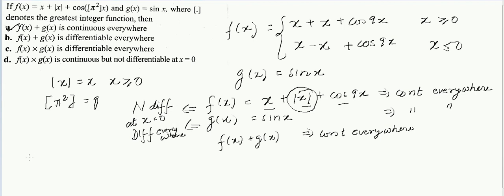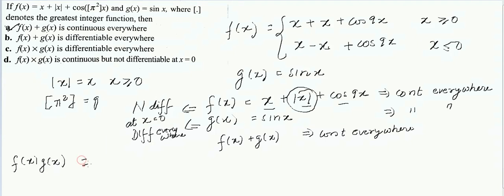Now when it comes to the product of f of x into g of x, nothing can be directly commented upon its differentiability. As we have learned in the property of differentiable functions, when a product of a differentiable and a non-differentiable function is found out, we cannot really comment on its differentiability directly. So in this case, now we need to perform the multiplication process first.